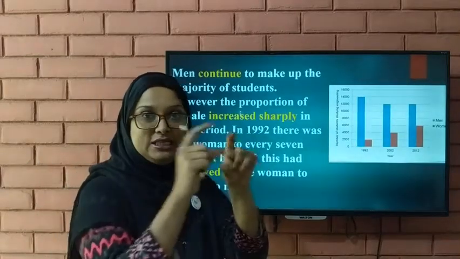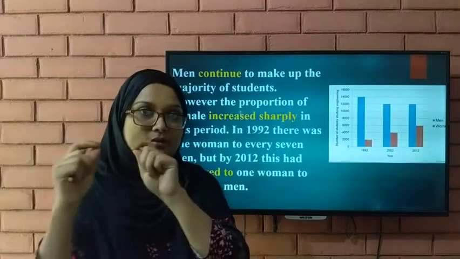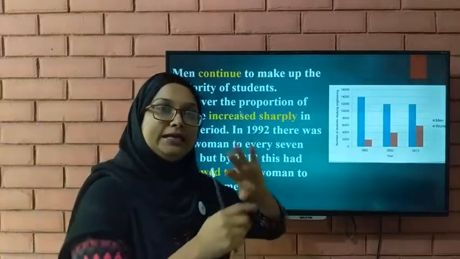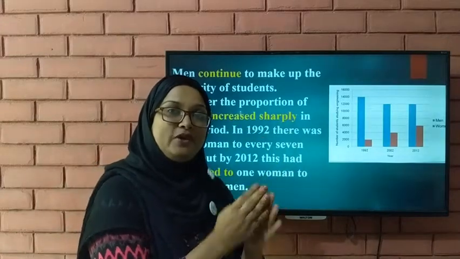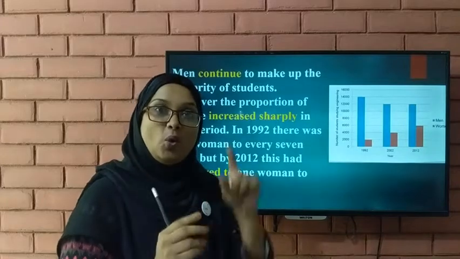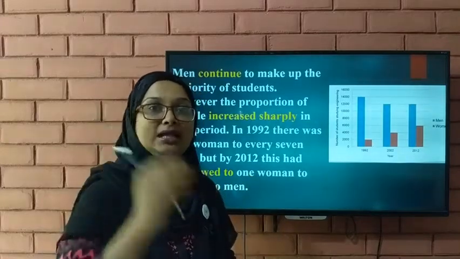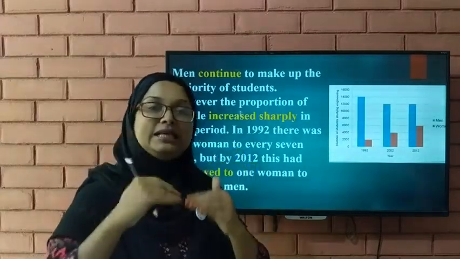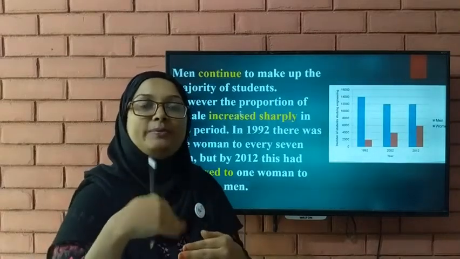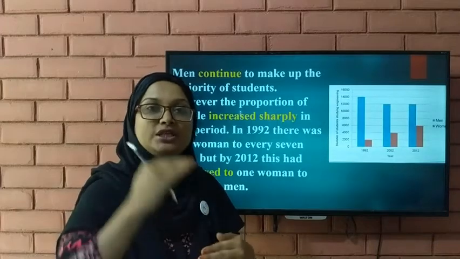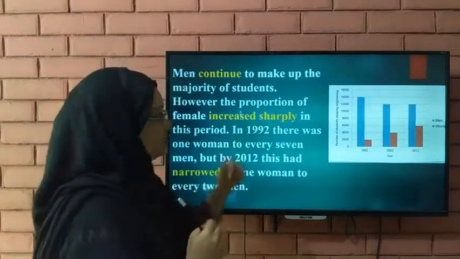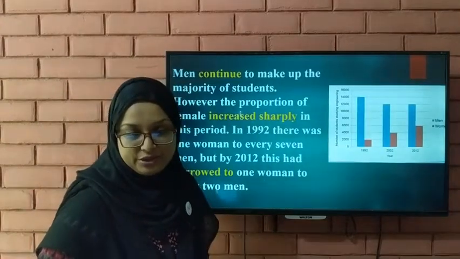The ratio is 1:2. 1 female, 2 male. And again, what was the rate before? It was 1:7. 1 female, 7 male. This was the ratio. So you can see how the participation of female engineers increased. It increased sharply. So this adverb is used here.